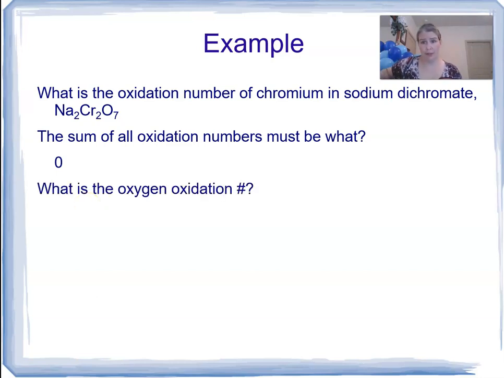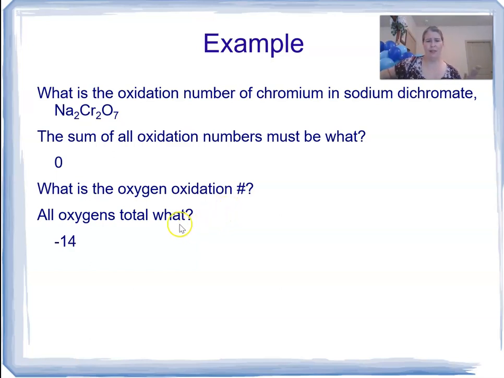That's got to be the most electronegative thing in this whole set of 2 metals and a nonmetal. So the oxidation number for oxygen must be -2, which means what do I get for all of the oxygens? Well, 7 times -2 is -14.